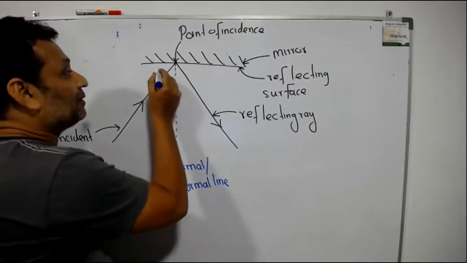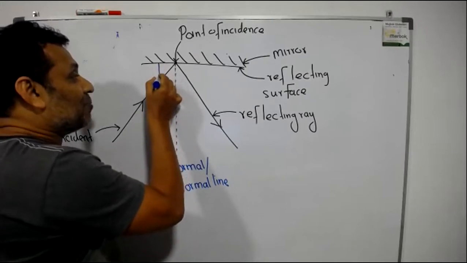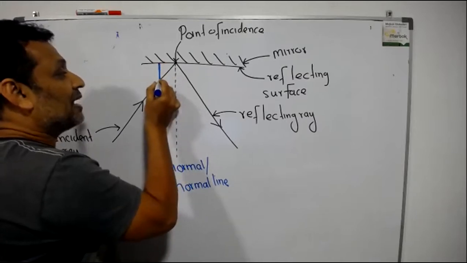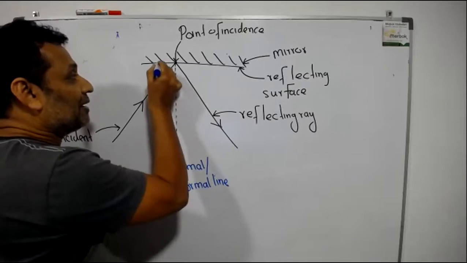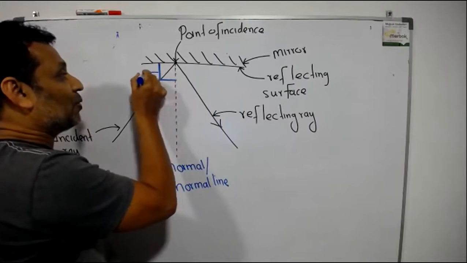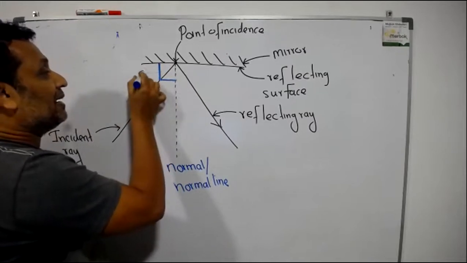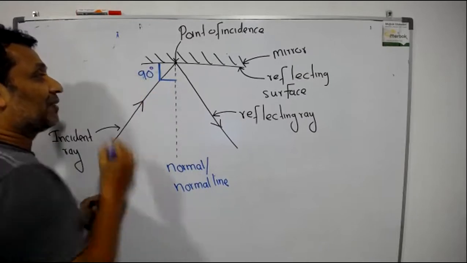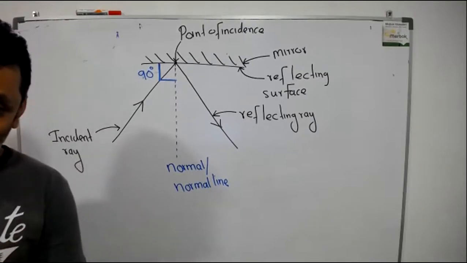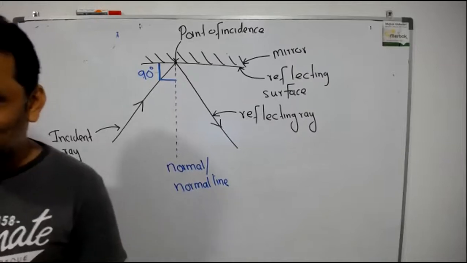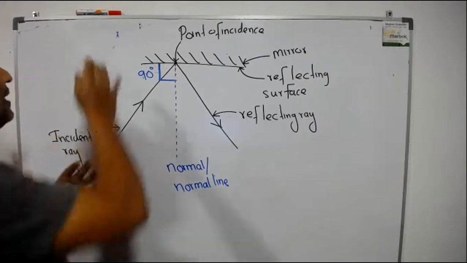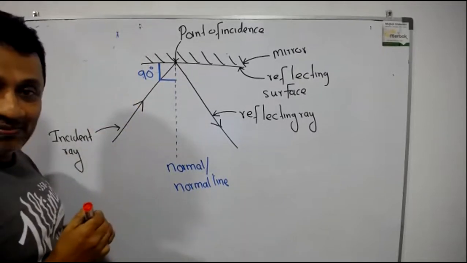Okay, remember the angle between the reflecting surface and the normal is 90 degrees. How much? The angle between the reflecting surface and the normal is how much? 90 degrees.